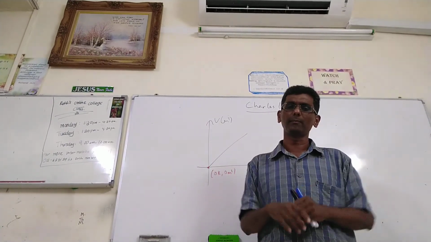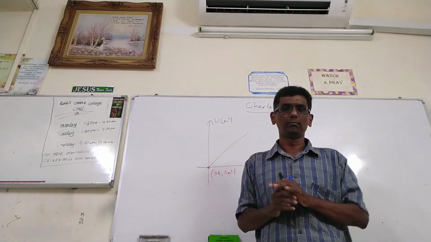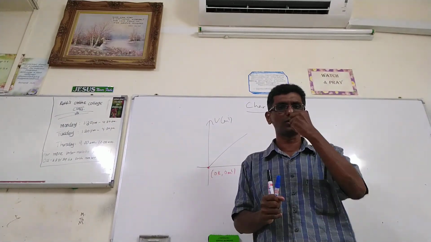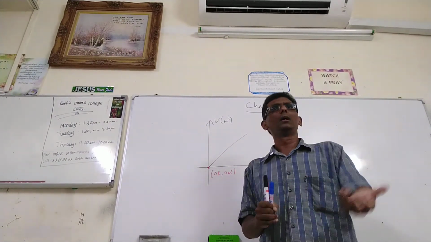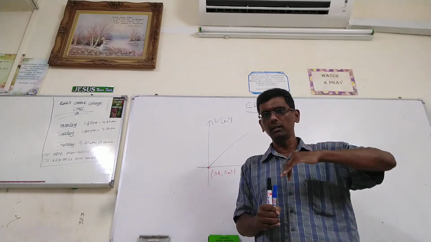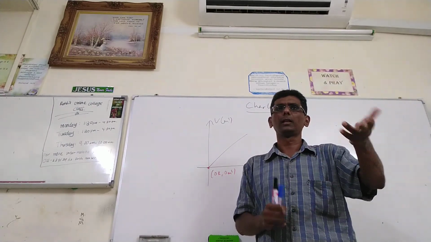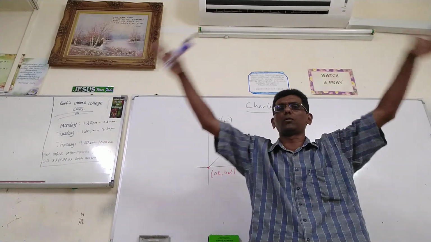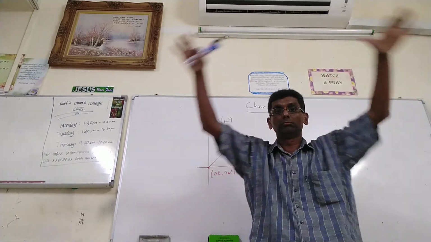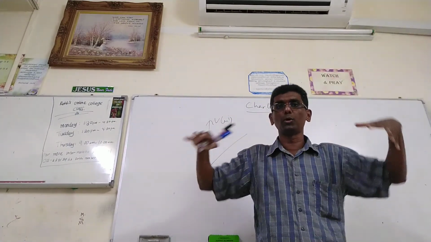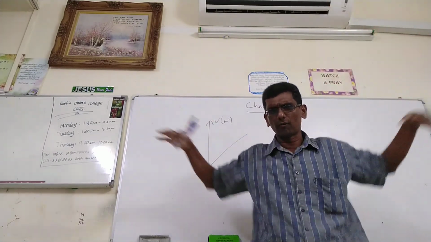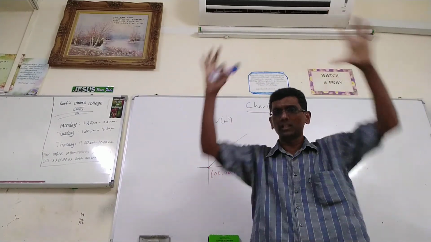What does it mean that the volume becomes zero? For example, oxygen. We are breathing in oxygen and breathing out carbon dioxide. Breathe in air, breathe out air. So the air molecules are flying around, and there's a volume.